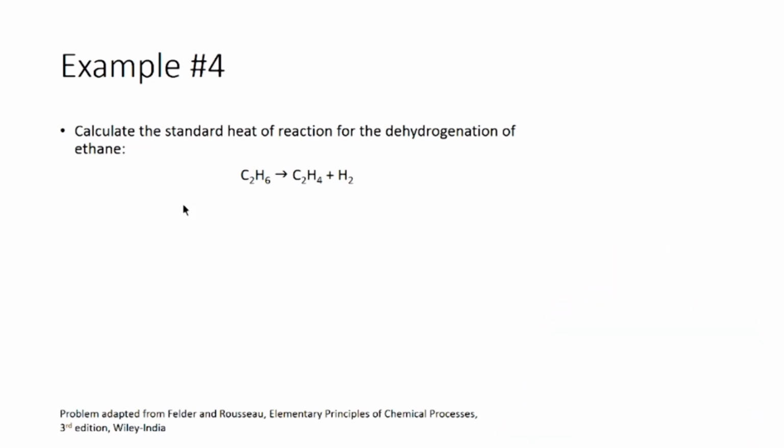If we use the equation directly, the heat of reaction would be equal to the sum over reactants of nu_i times ΔH_ci minus the sum over products of nu_i times ΔH_ci.